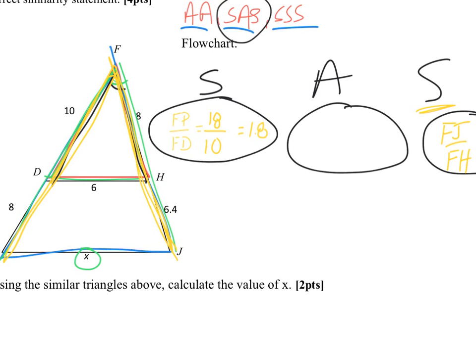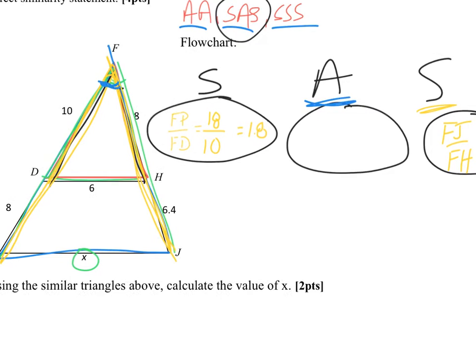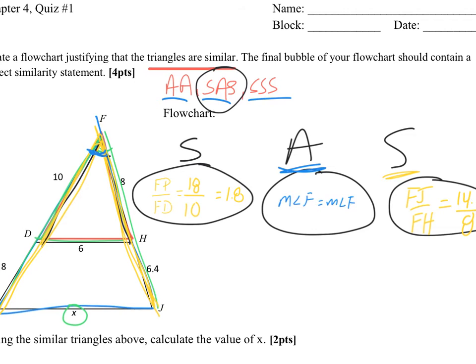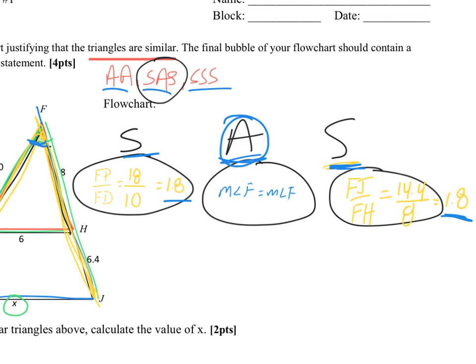Then finally, what is the angle that we are talking about? The angle that we are referring to is this angle that is shared between both triangles in the middle, and that would be angle F. So the measure of angle F is equal to the measure of angle F. Here are three pieces of information that I have. I have a set of sides and another set of sides and an angle in between those two sides being the same, and the sides are proportional to one another, meaning that they have the same enlargement factor between sides.